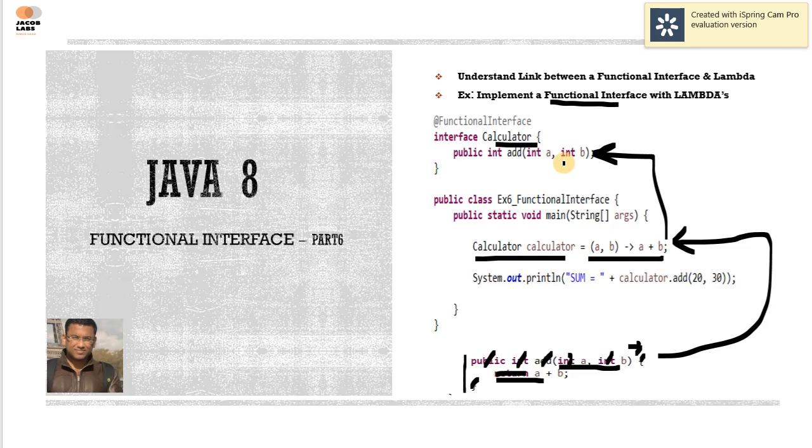So this lambda is the definition for this abstract add method, and this lambda is of the type Calculator. Each lambda that we define is always linked to a functional interface, and a lambda is an implementation of the single public abstract method defined in the functional interface.